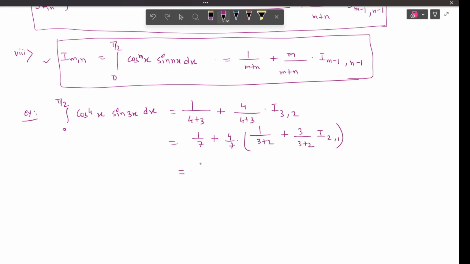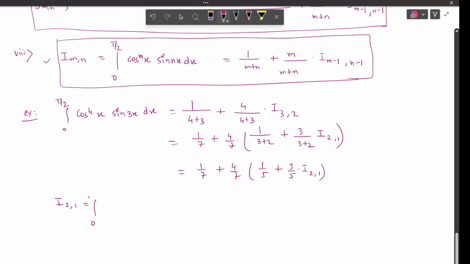Now we have 1 by 7 plus 4 by 7 into 1 by 5 plus 3 by 5 I(2, 1). Again use the formula, in place of m we have 2, in place of n we have 1. So let us say I(2, 1) is integration 0 to pi by 2 cos square x into sin x dx. Now we have to evaluate this.